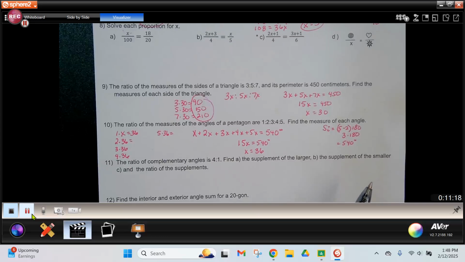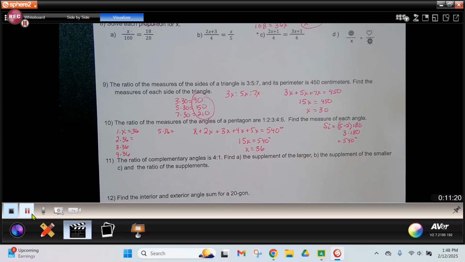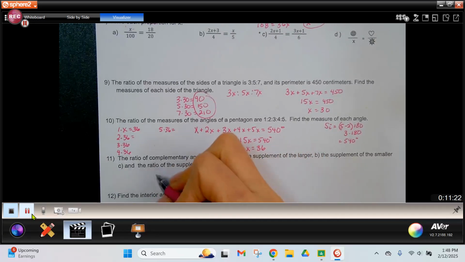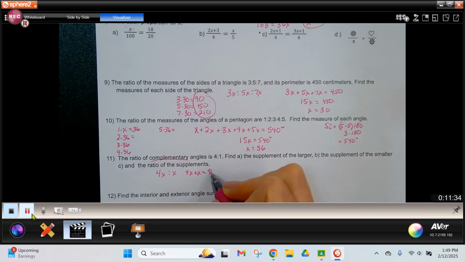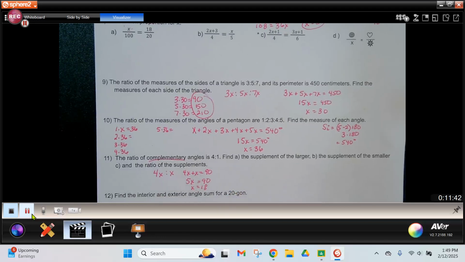Okay, the ratio of complementary angles is 4 to 1. All right, well, let's find out what those measures are. We can put an x there, 4x to 1x, right? And then we can rewrite that as 4x plus x, and since they are complementary, they must equal 90. So 5x, right? 4x plus 1x is 5x. That equals 90. And x equals 18.